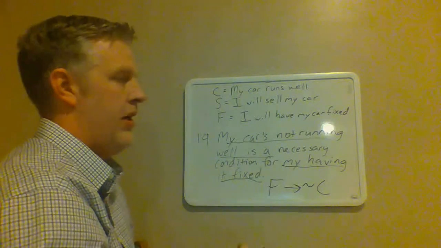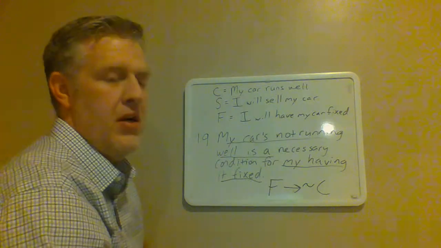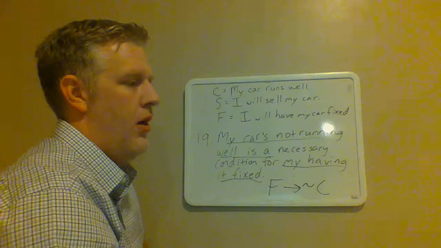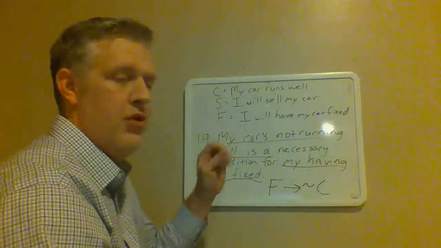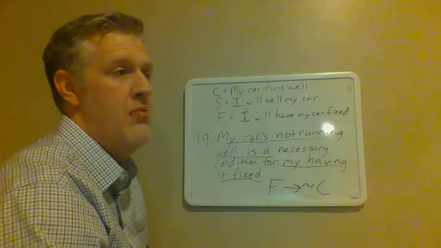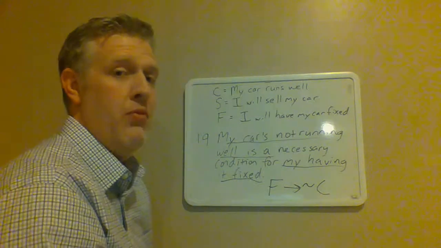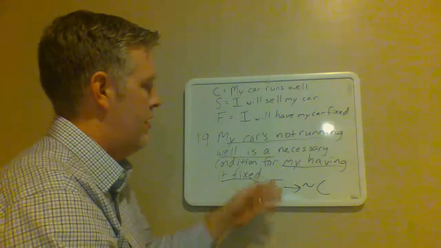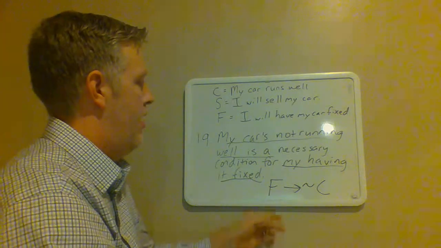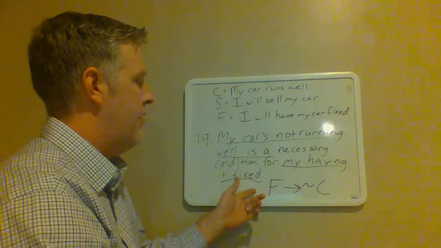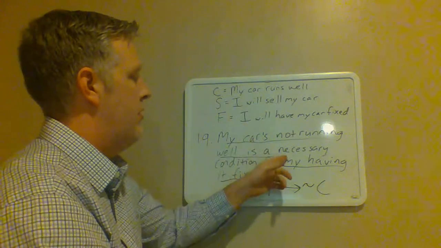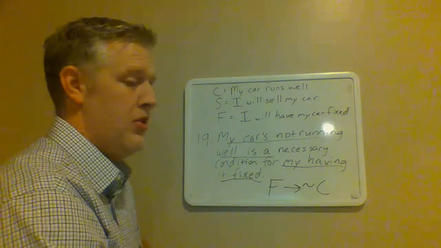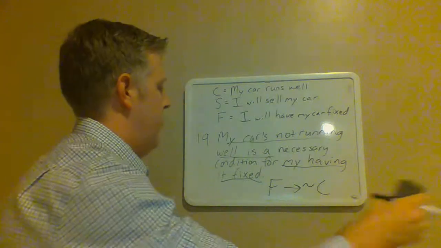That's similar to like oxygen is a necessary condition for combustion. So if you have combustion, then there must have been oxygen, right? Because combustion can't happen without the presence of oxygen. And it's similar here, right? The car won't get fixed unless it wasn't running well. It's not running well was deemed a necessary condition for it being fixed.